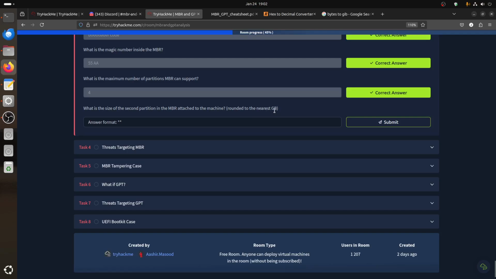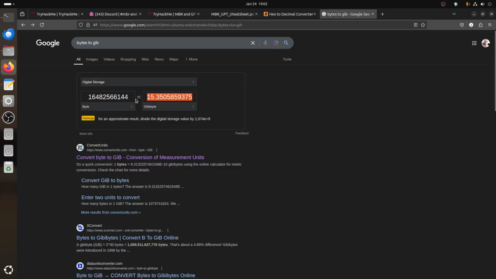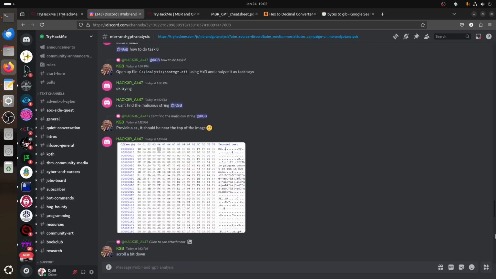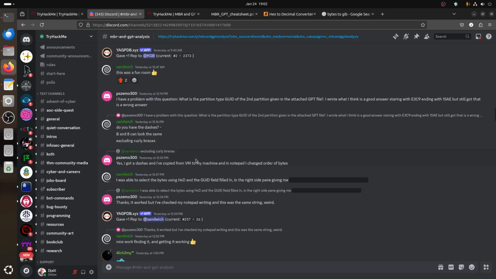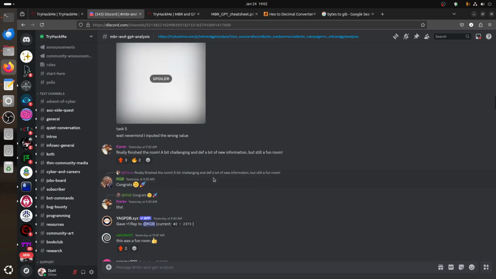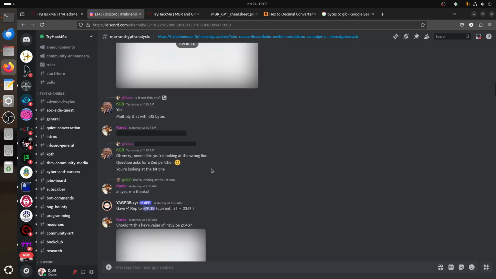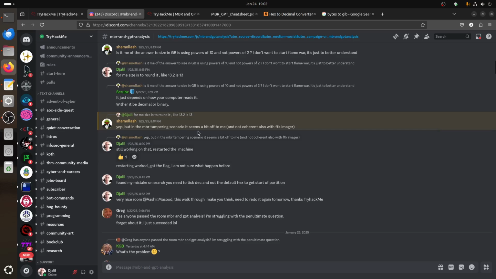Round to the nearest. So if it's 15, so it means round it to the next. This was in Discord yesterday. Someone asked me this question. Why did I get confused already on it? Where's my answer? Oh, 32.3 is 13.